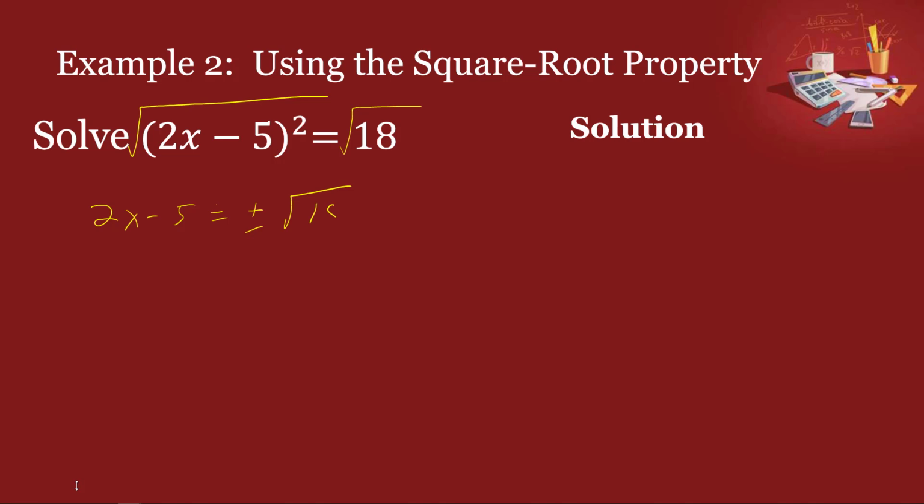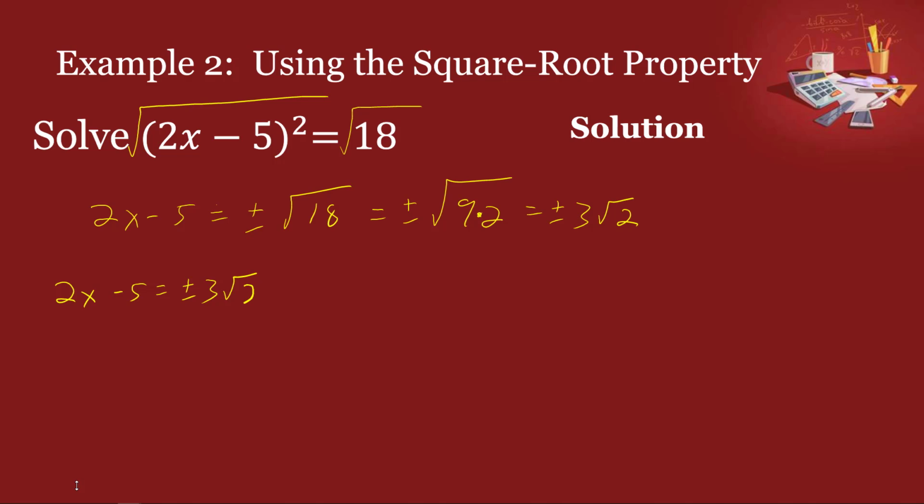Now the square root of 18 has a factor which is a perfect square. That would be 9. So I can rewrite this as plus or minus the square root of 9 times 2, and that will be equal to plus or minus 3 times the square root of 2. So now we have 2x minus 5 is equal to plus or minus 3 times the square root of 2.